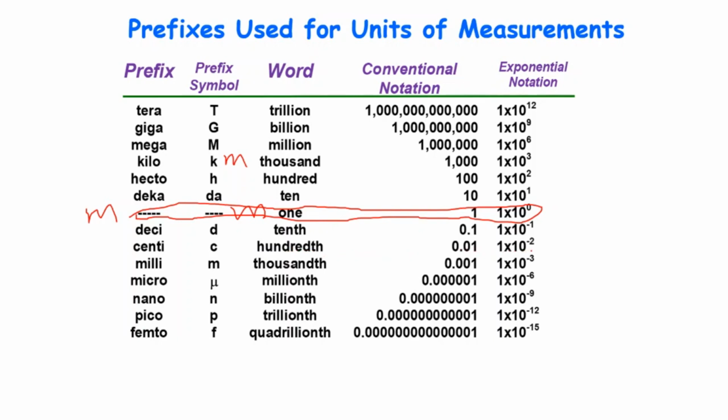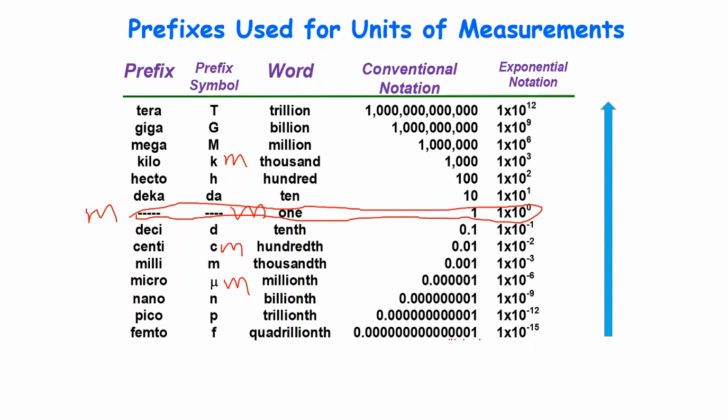And we can go to micrometer, μm, that's one millionth, or 10 to the negative 6 meters. So 1 micrometer equals 1 times 10 to the negative 6 meters. That's how you use those prefixes and exponential notations.